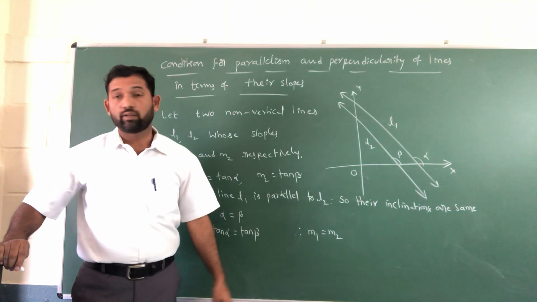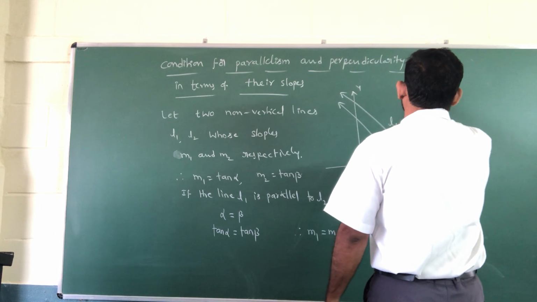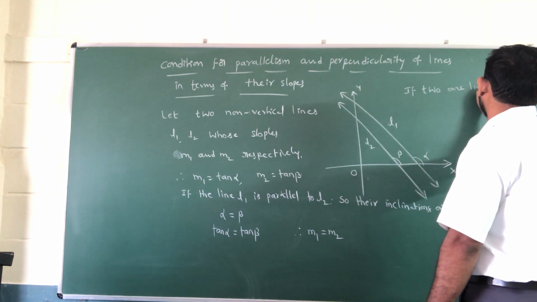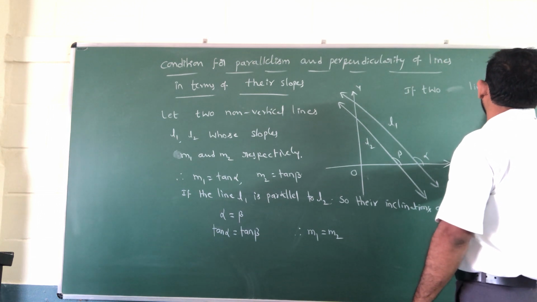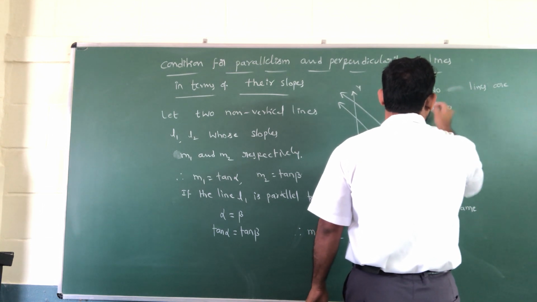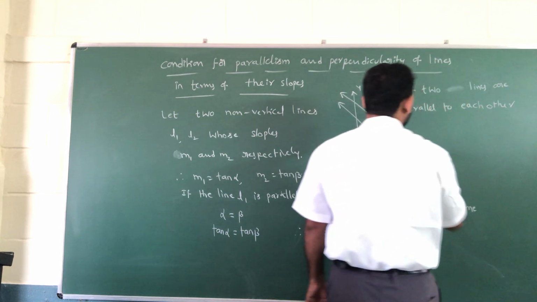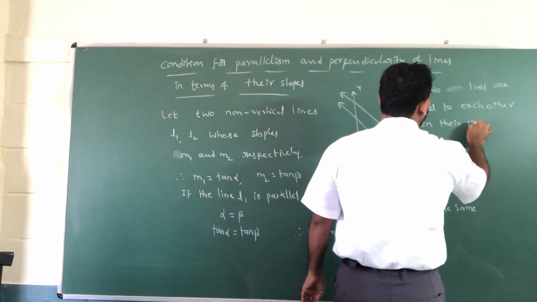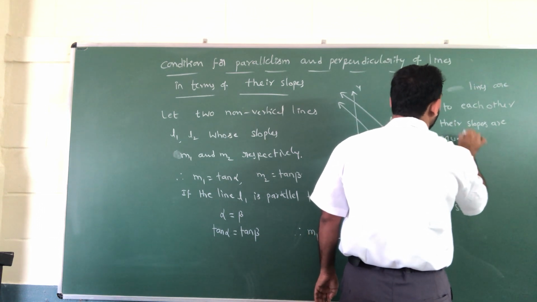So you write the conclusion. If two lines are parallel to each other, then their slopes are equal.